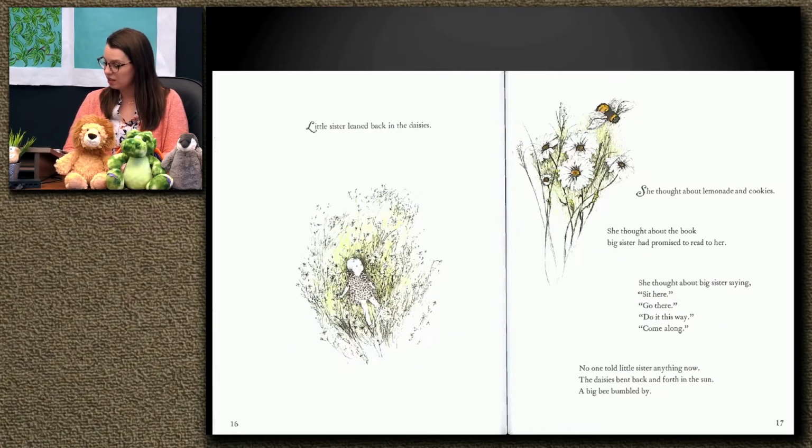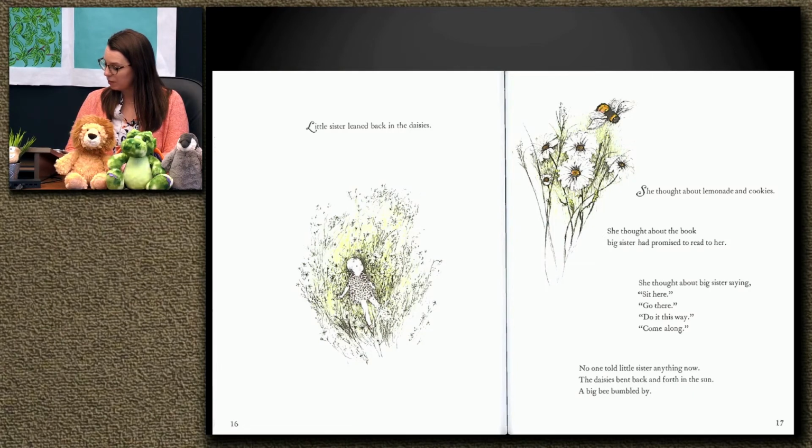Little sister leaned back in the daisies. She thought about lemonade and cookies. She thought about the book Big Sister had promised to read her. She thought about Big Sister saying, "Sit here, go there, do it this way, come along." No one told little sister anything now.